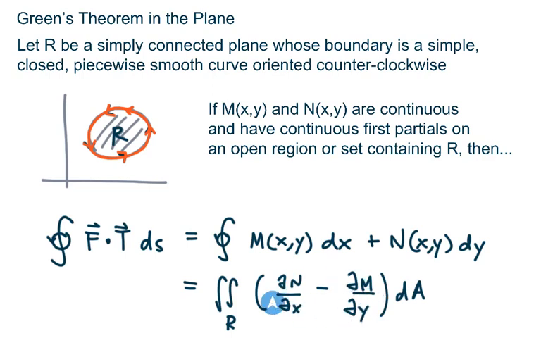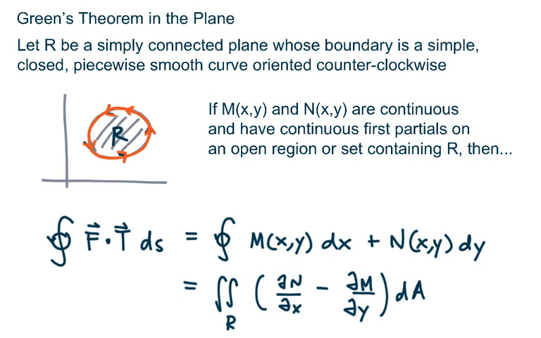So you'll notice here, this is my definition of curl, and we call this our curl integral. Essentially what we are stating using Green's theorem is that we can turn a line integral into a double integral over the region R.